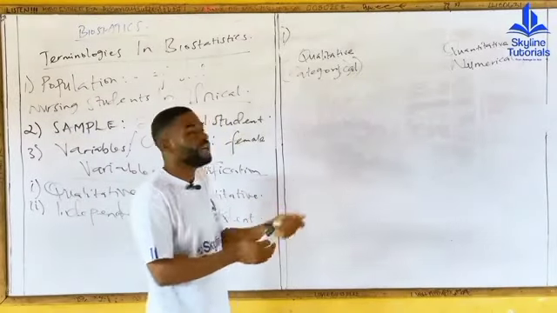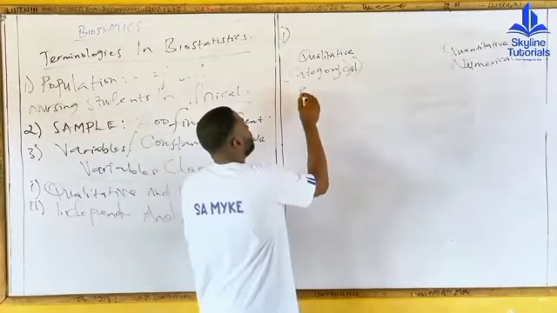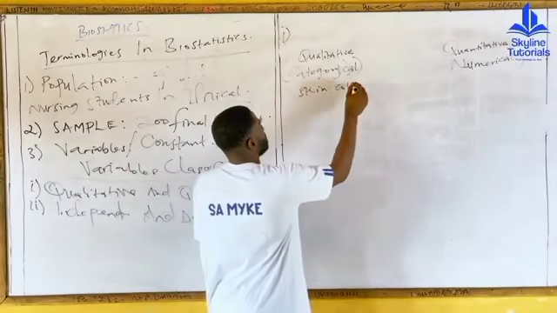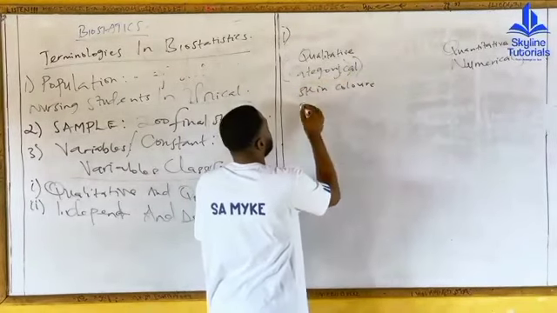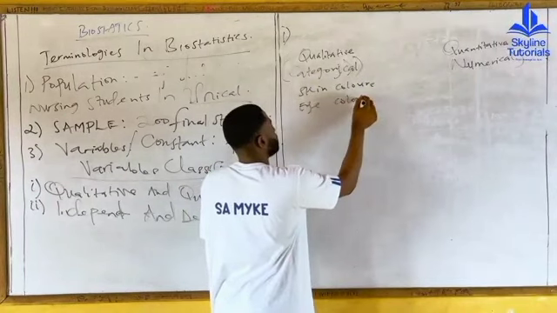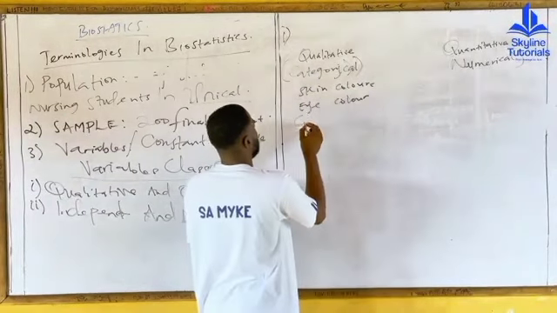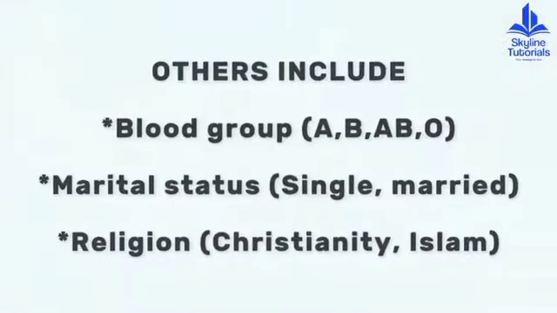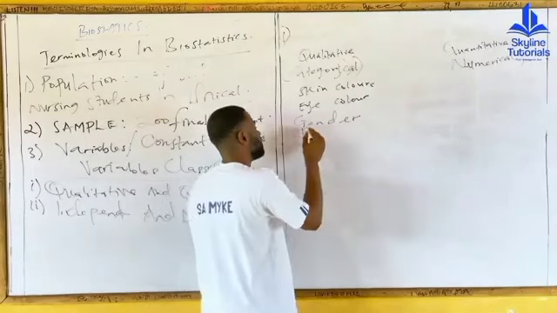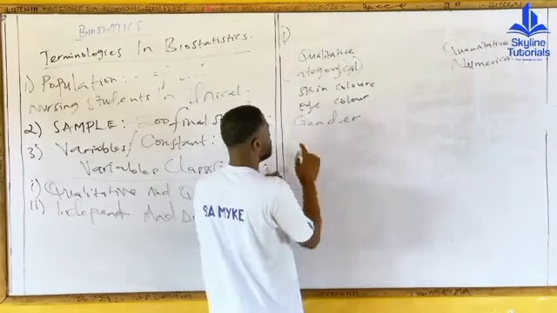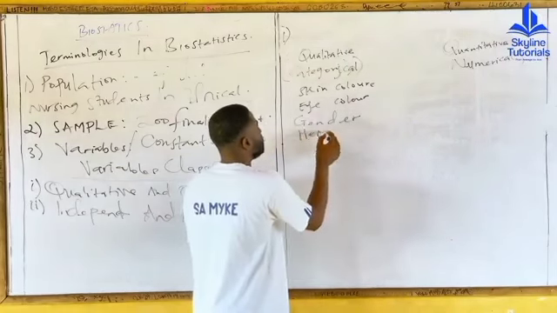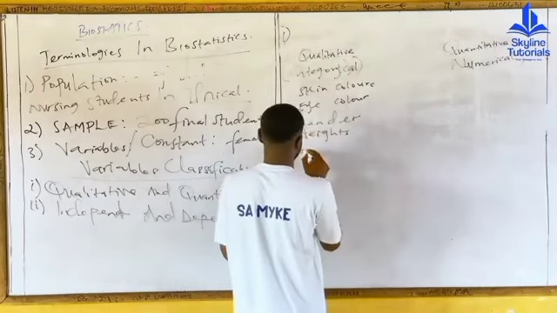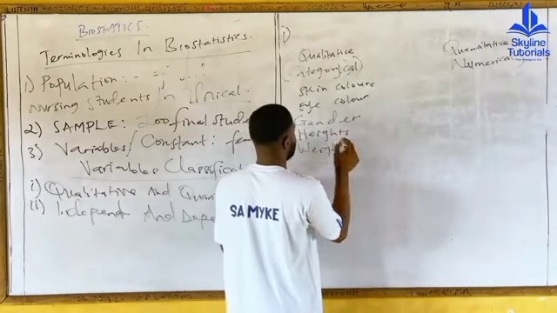Examples of qualitative variables include skin color, eye color, gender, and lots more. Any feature or characteristic that differs from person to person. We have height. Okay, height will not. That leads me to asking this question, which is food for thought.